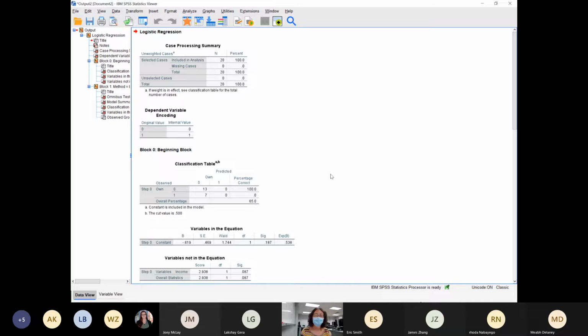So this is our logistic result. From this result, you can see overall, let me double check my data. Looks like okay. Yeah, that's correct. So 13 people do not own. We have 7 people own the digital organizer.